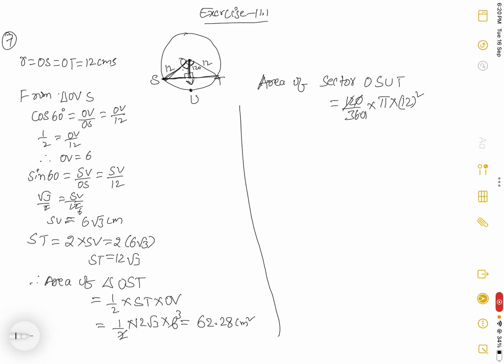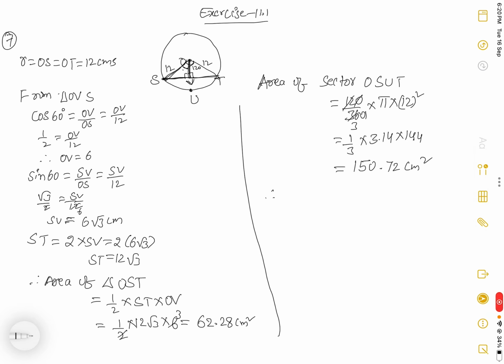The zeros cancel, and 3 times cancels. So 1 by 3 into pi value 3.14, with 12 square meaning 144. Overall we get the value 150.72 centimeter square.